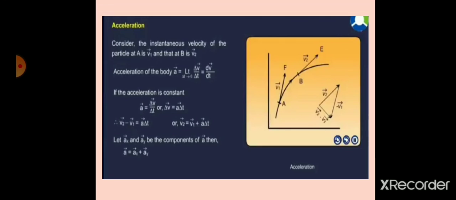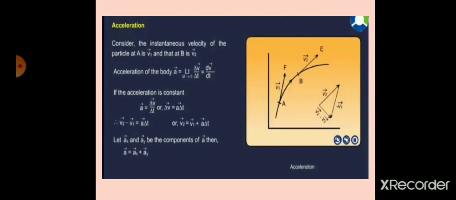Coming to the concept of acceleration, we know instantaneous acceleration is given by a is equivalent to limit delta t tends to 0 delta v by delta t, which is written as d by dt of v.